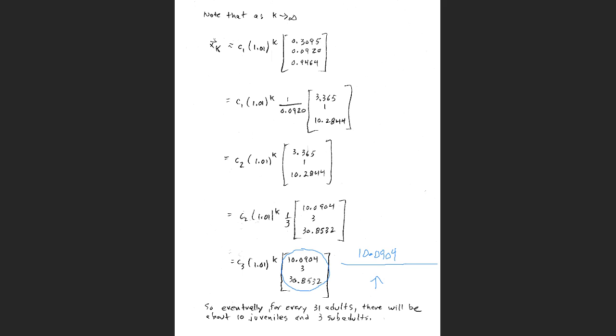What do you think would go in the denominator, to find the eventual percentage of juveniles in the owl population?